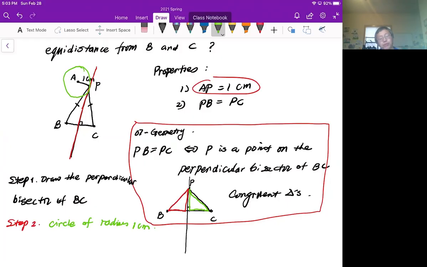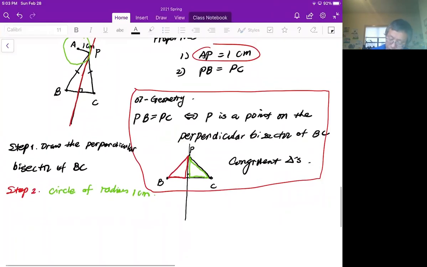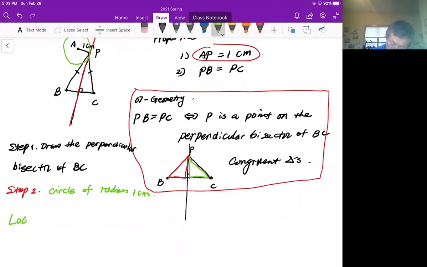And then the two objects will intersect either at 1 point or 2 points or 0 points. So P will be the intersection points, right? So what are the P? The locus of P will be the intersection points of the green circle and the red line.